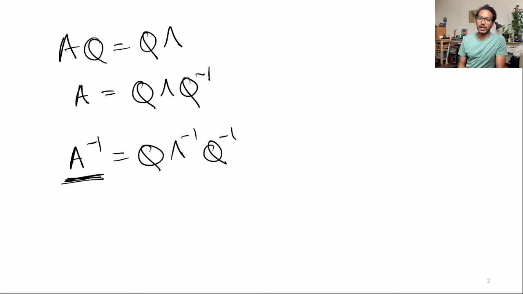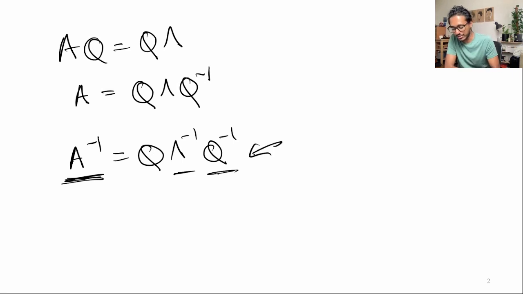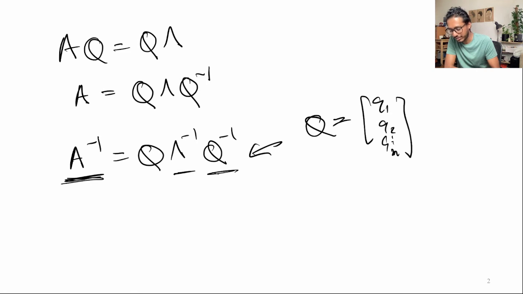Now you may have another question: it's good that we can calculate the inverse, but again we have to calculate two more inverses. So how can we do this? I told you earlier that Q is the column matrix of our eigenvectors.